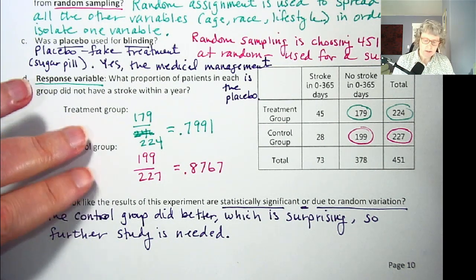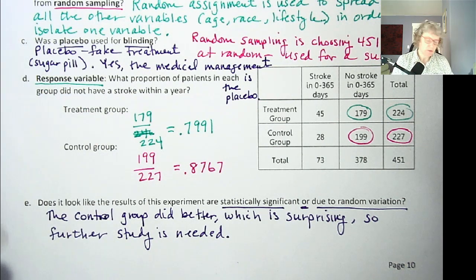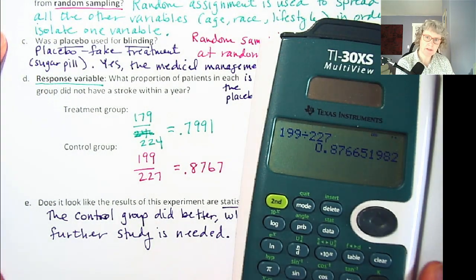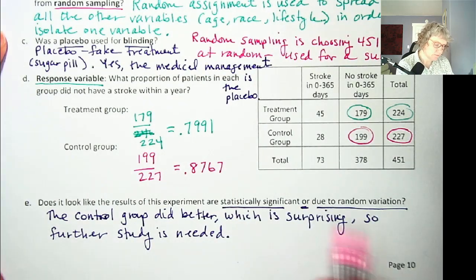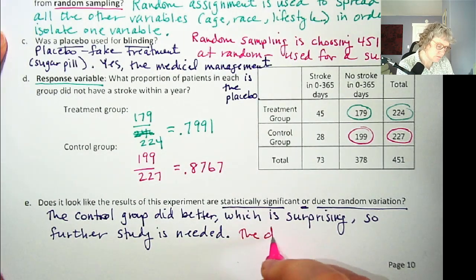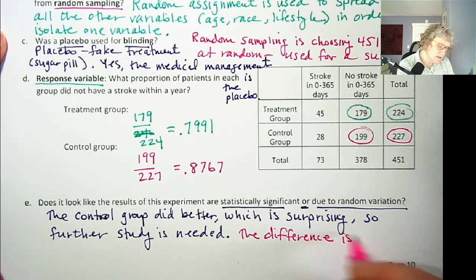We might want to look at, in the future, the difference between two groups. So if I subtract, I already have the second one in my calculator. So if I subtract the first one, 0.7991, the difference is 0.0775. I'm just going to round that to 0.08 or 8%. The difference is about 8%.